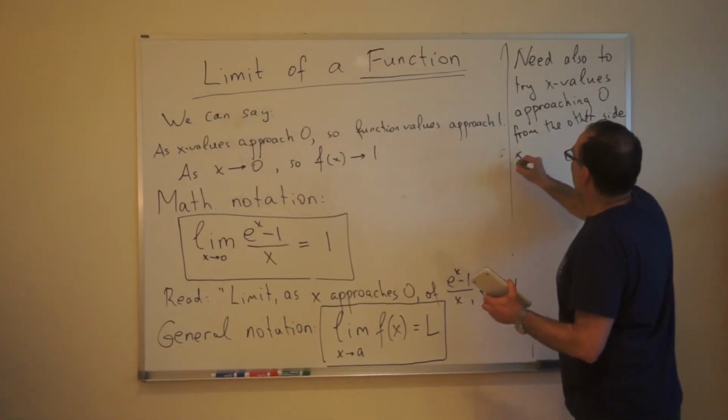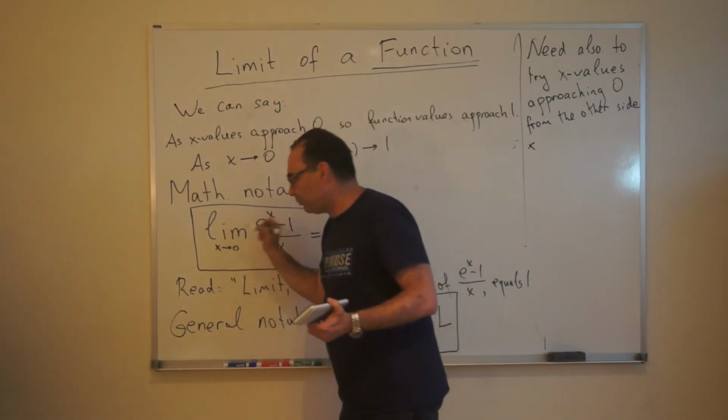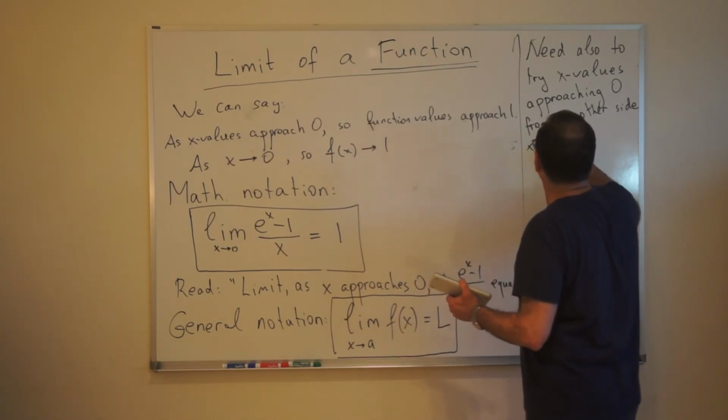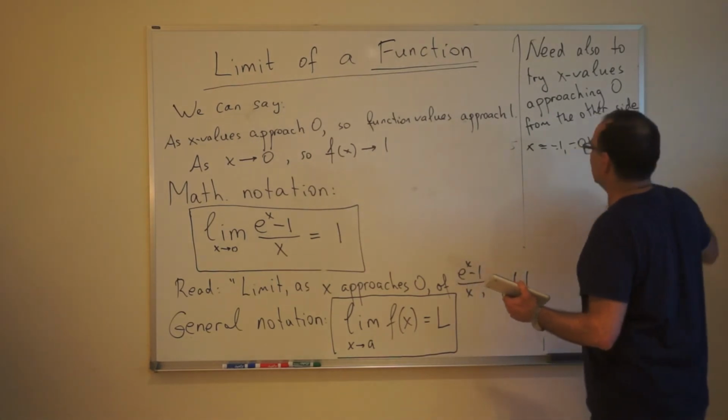Approaching 0 from the other side means approaching from the negative side. And that means, for example, it could be negative 0.1, negative 0.01, negative 0.001, etc.